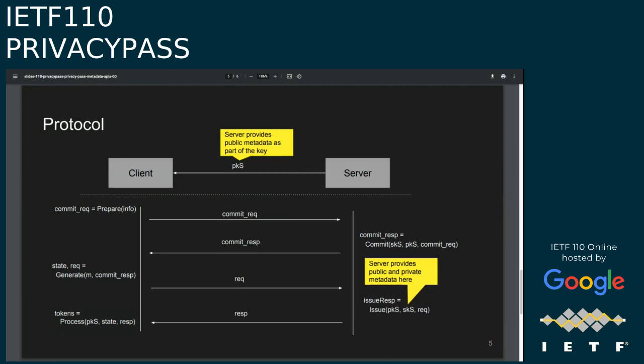We might be able to fold different types of metadata in different slots in the protocol, but maybe we only want the server to include public metadata as part of the key generation step, and only the client should be able to provide metadata during the token issuance step. You can imagine a crazy scenario where, during the issuance step, the client or the server, if it was able to provide public metadata, somehow puts a tracking cookie or something like that in the token.